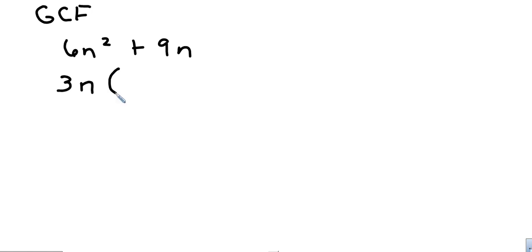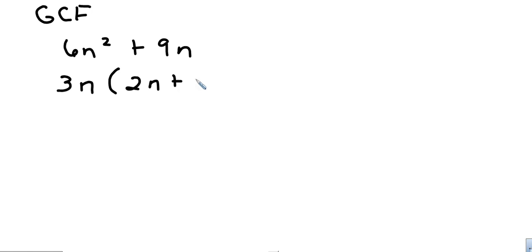Now, I need to know, what am I going to multiply that by? Well, 6n squared divided by 3n is 2n. Or another way to look at that is, what do I need to multiply this 3n by in order to get 6n squared? That's 2n. What do I need to multiply 3n by in order to get 9n? Or what's 9n with the common factor of 3n divided out?